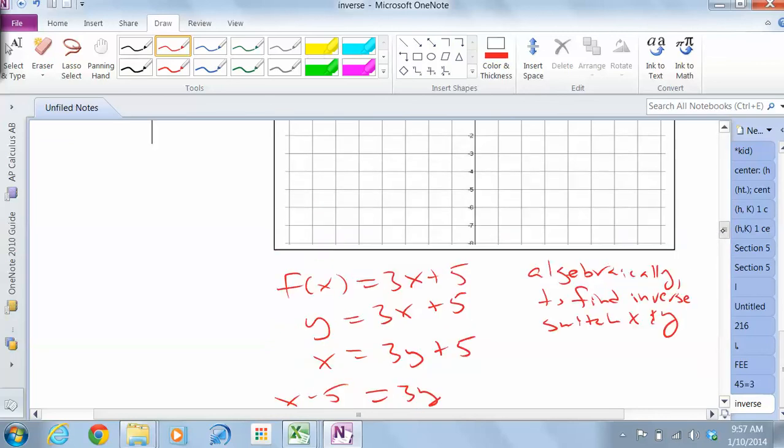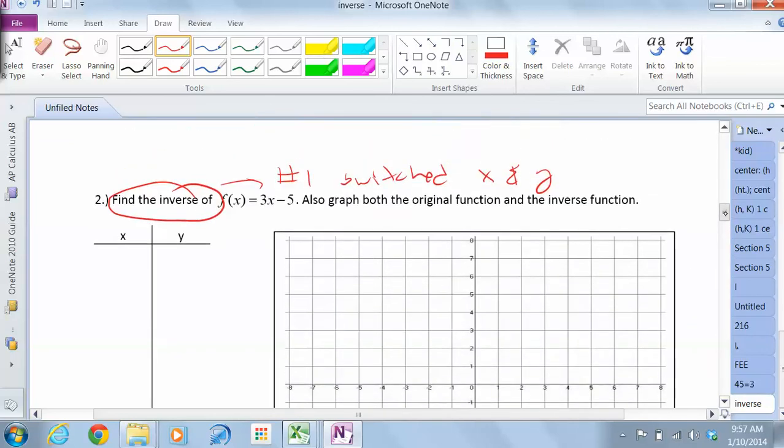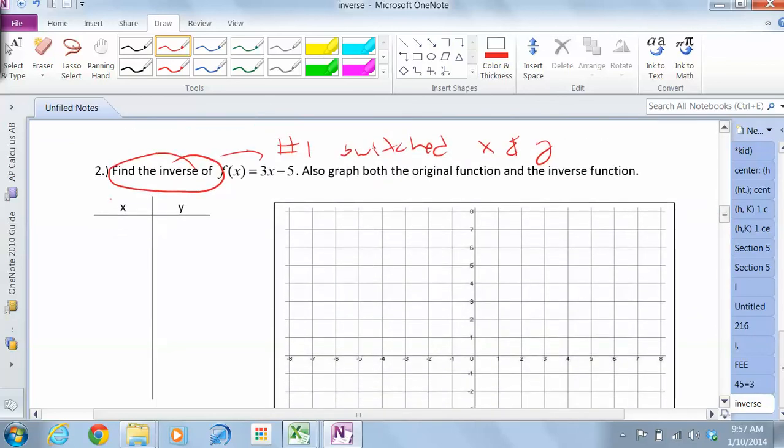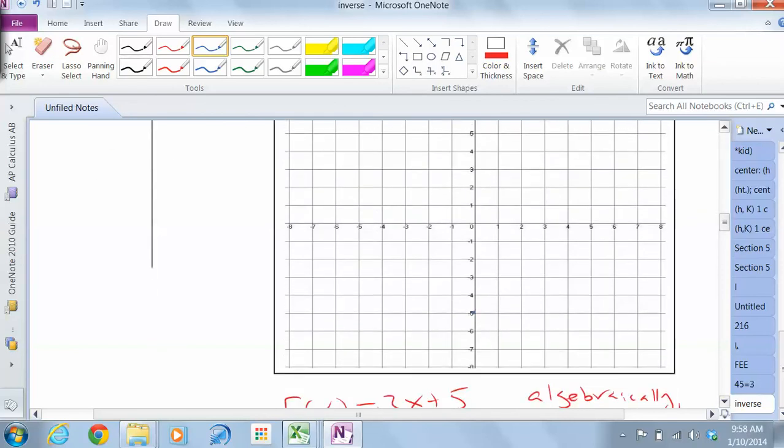So let's actually graph this now. We'll use red for the regular. So 3x plus 5, that's kind of easy. Oops, sorry, I meant to use red. Up 3 over 1.